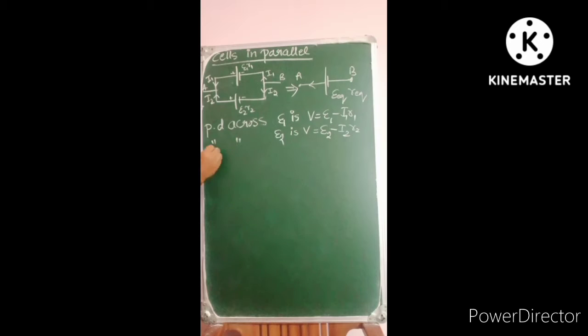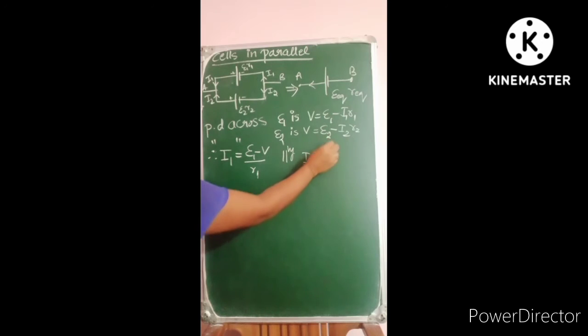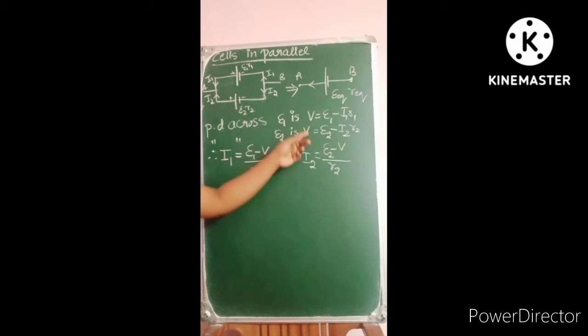Therefore, from equation number 1, we can write I1 equals E1 minus V divided by R1. Similarly, I2 equals E2 minus V divided by R2. From the values of the potential differences, we have taken the values of I1 and I2.